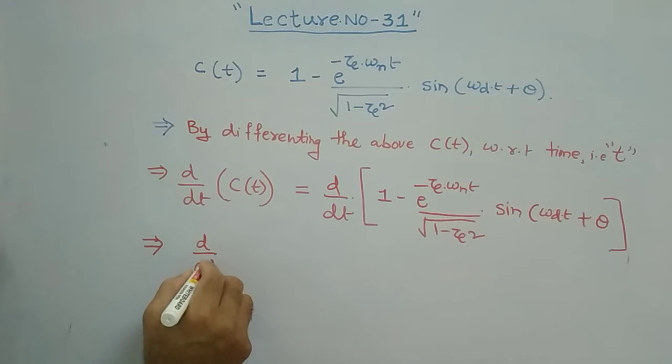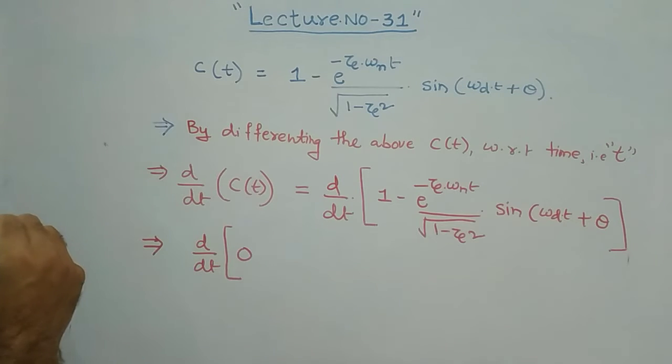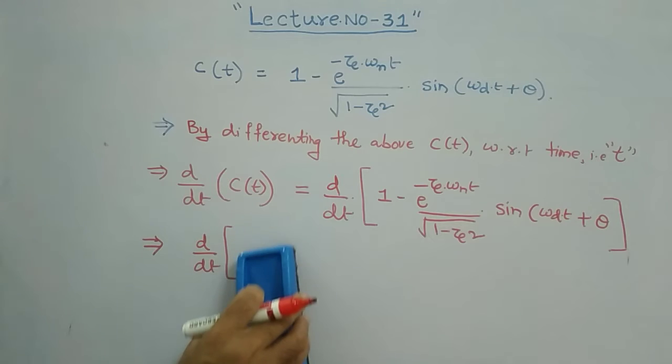d by dt of 1 is 0, constant, no? So I will not write that.